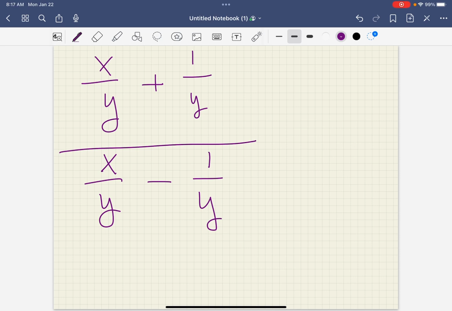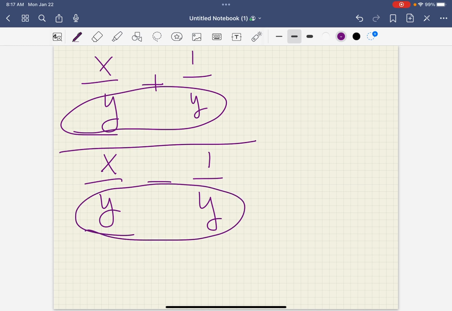So I want you to tell me, what is the common denominator for these two? It's y, right? What is the common denominator for these two? It's also y. So if the common denominator up here is y, down here is y, what is it for both of them?